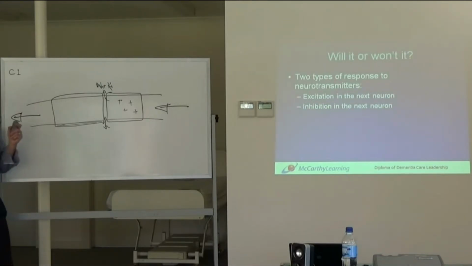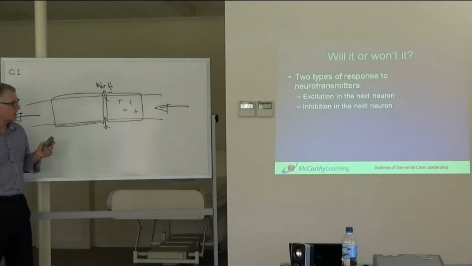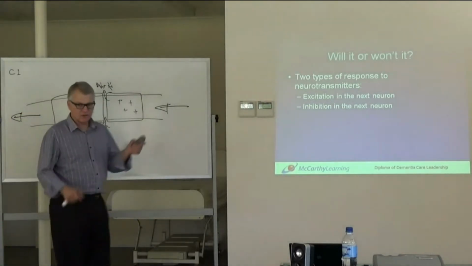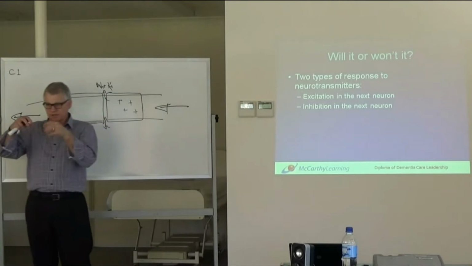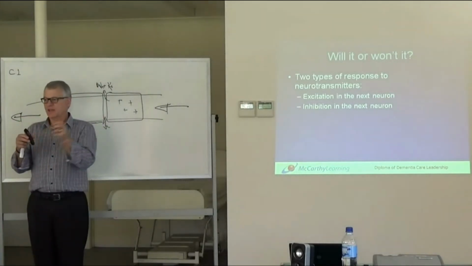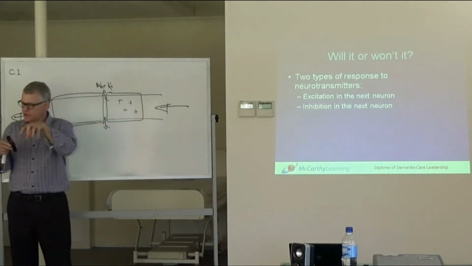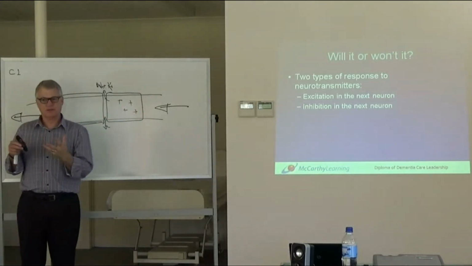There are two types of response to neurotransmitters. Some neurotransmitters will land on a receptor that will switch it off. And a neurotransmitter can also land on another type of receptor and it will switch on.